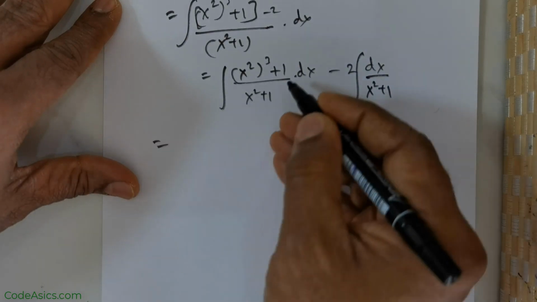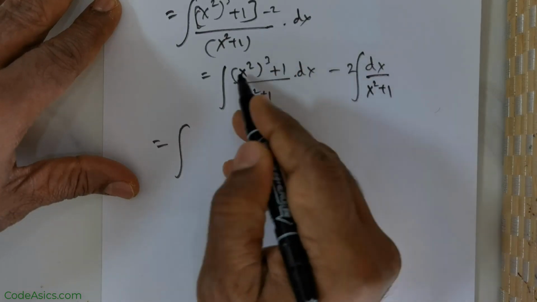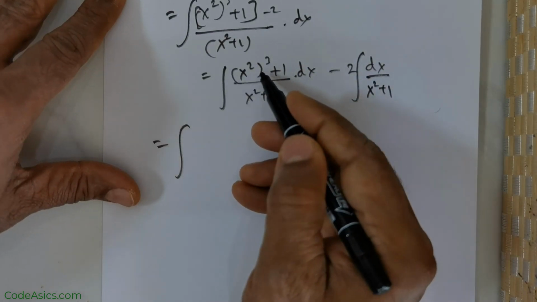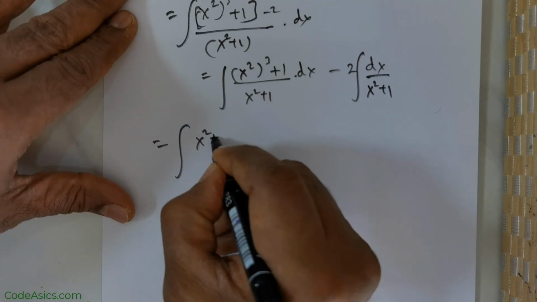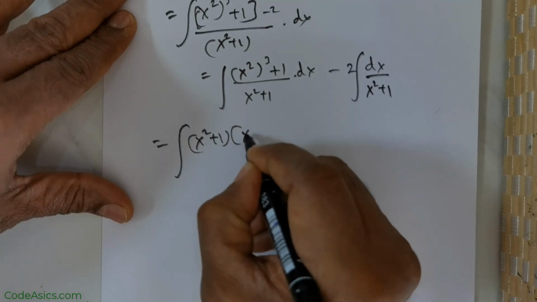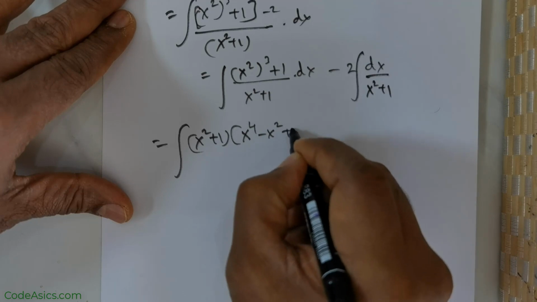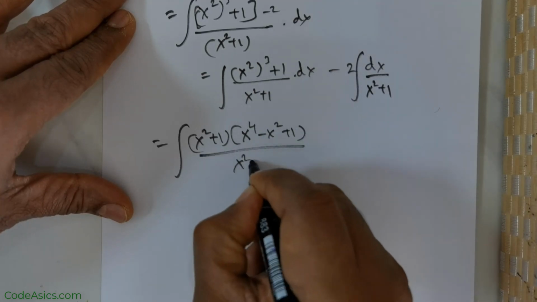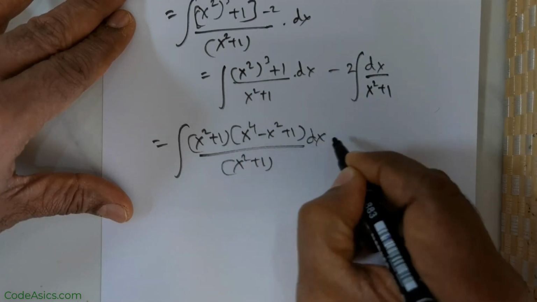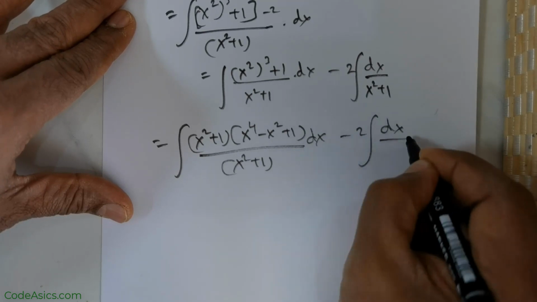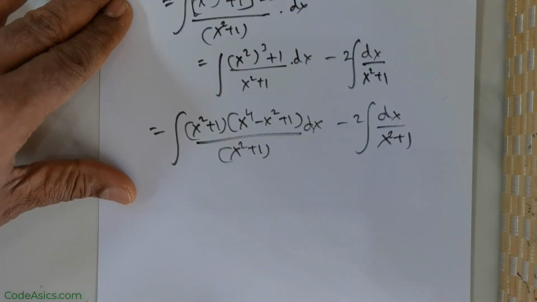Now this quantity which you see has been evaluated, has been shown. So this is nothing but x squared plus 1 times x to the power of 4 minus x squared plus 1, divided by x squared plus 1, times dx, minus 2 times the integral of dx over x squared plus 1.